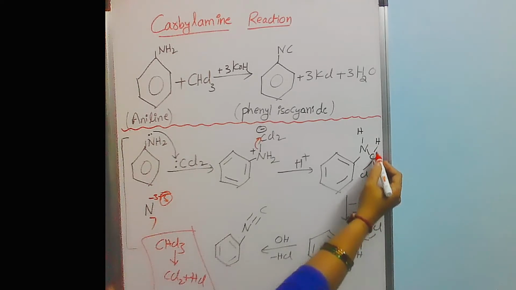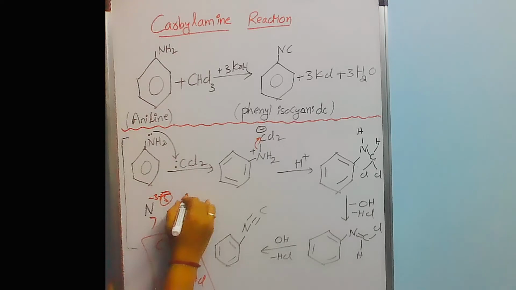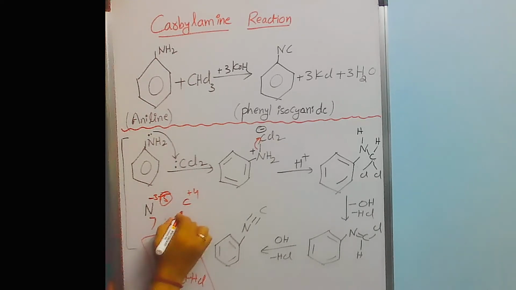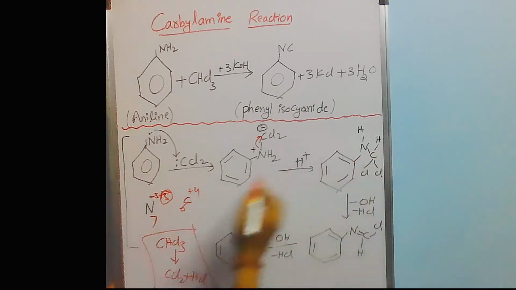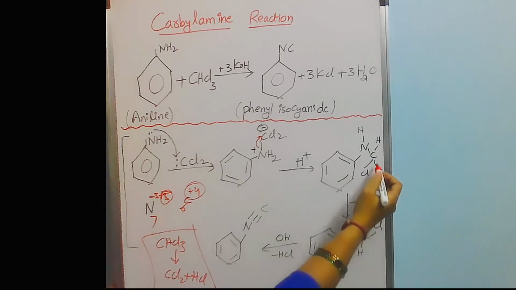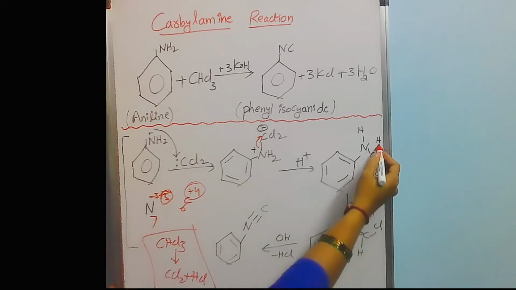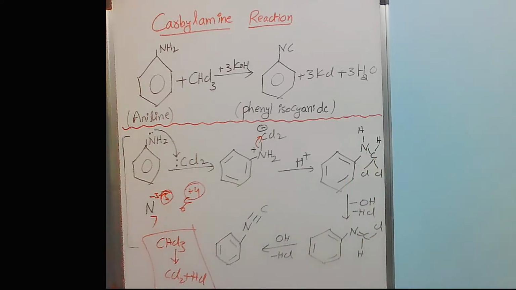The valency of carbon is +4, and its atomic number is 6. So carbon can form 4 bonds: 1 bond with hydrogen, 2 bonds with the 2 chlorines, and 1 with nitrogen.